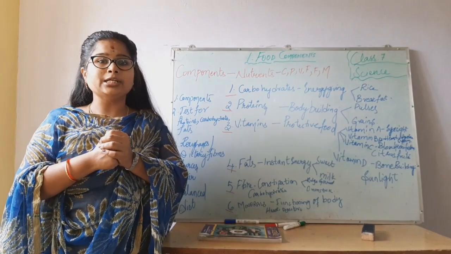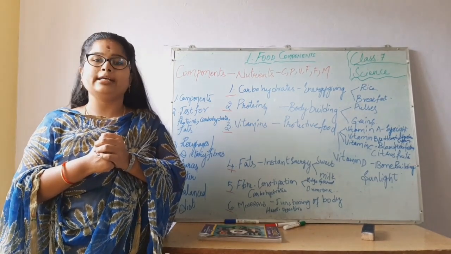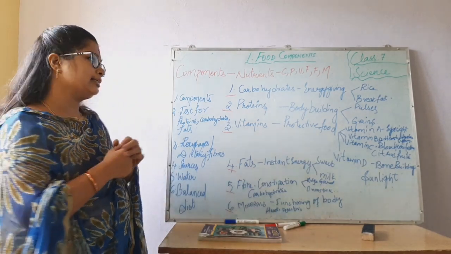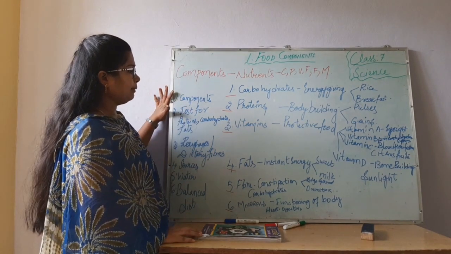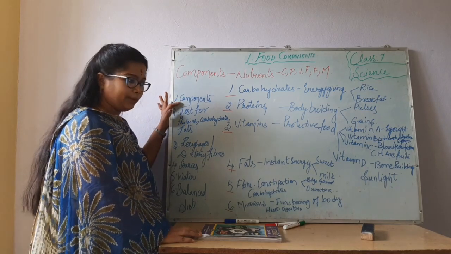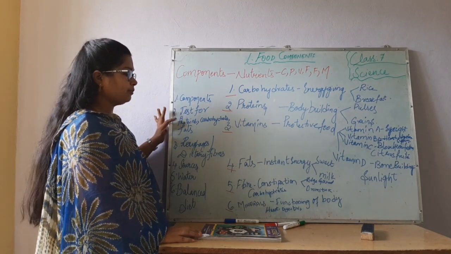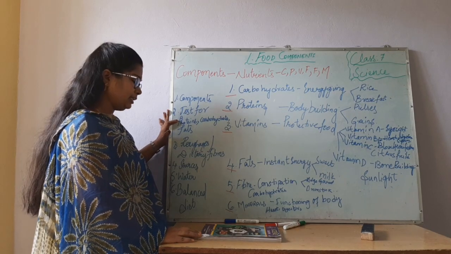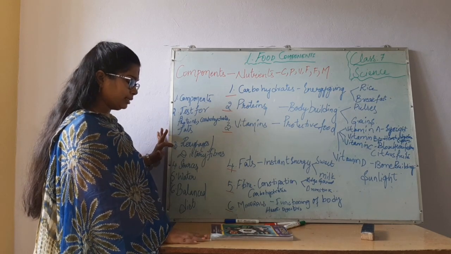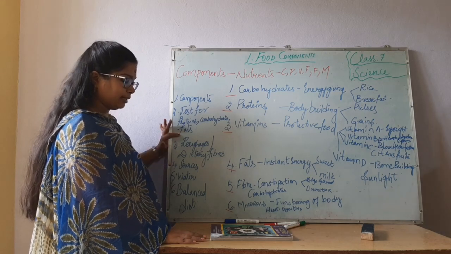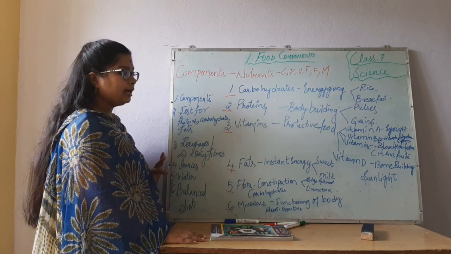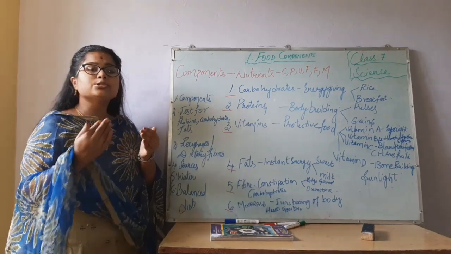So let's go into our lesson and see what is there in it first. We are going to learn about food components, tests for proteins, carbohydrates and fats, roughages or dietary fibers and their sources, water, and balanced diet.